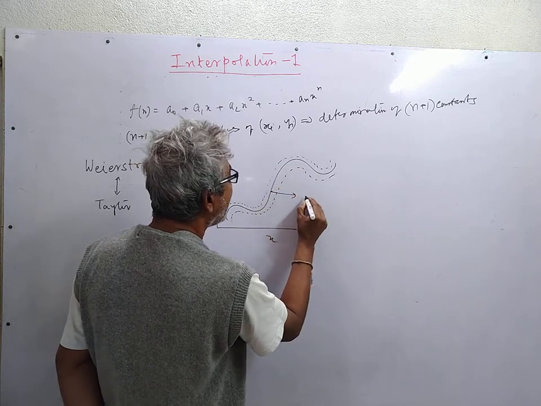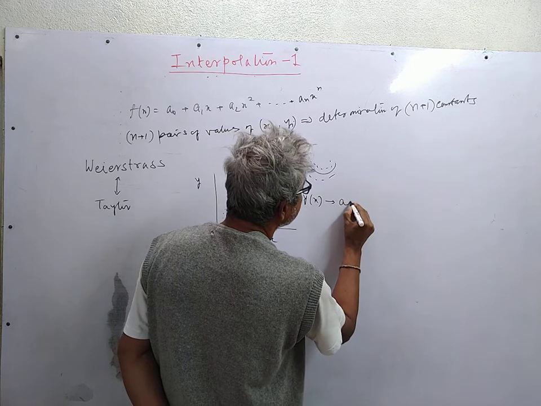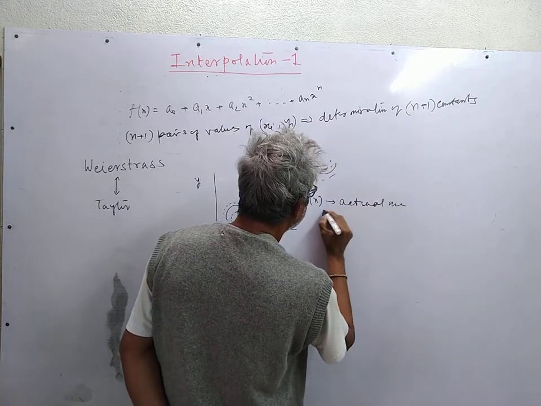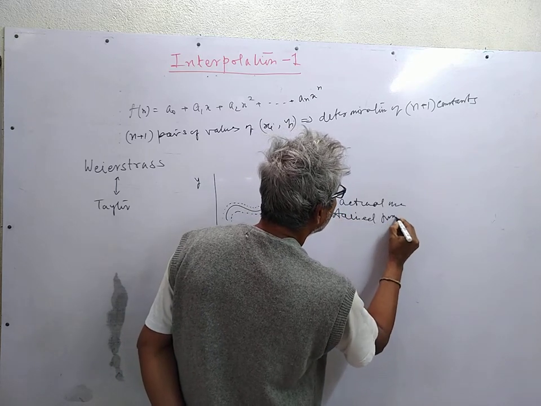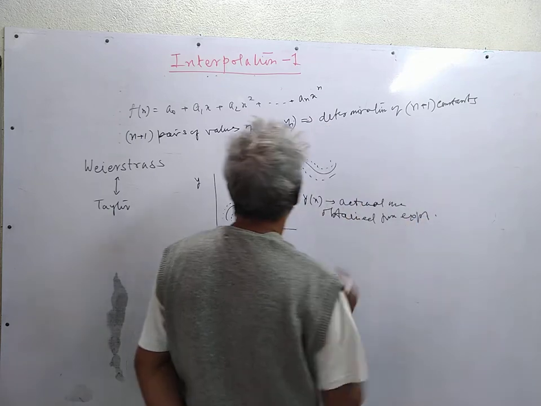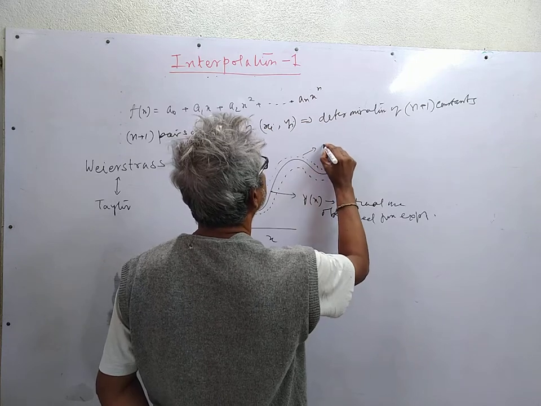This is the actual function y of x, the actual one obtained from experiment, and this is the range of the interpolating polynomial.